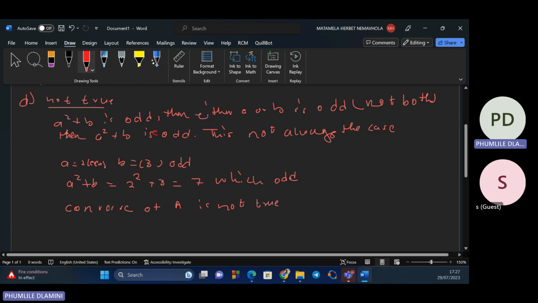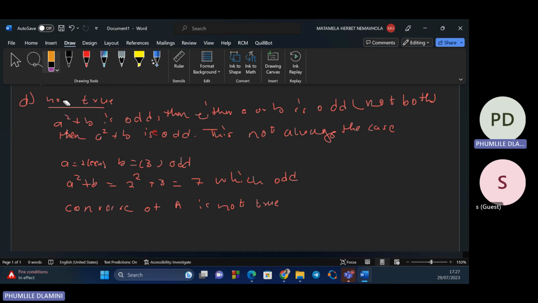So in this one here, according to the way I've read that statement, I will conclude that the converse is true, because the reason is that whenever we put in either even or odd, the results are always going to be odd.